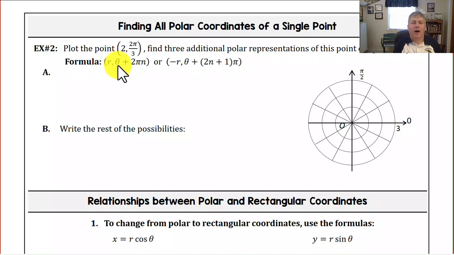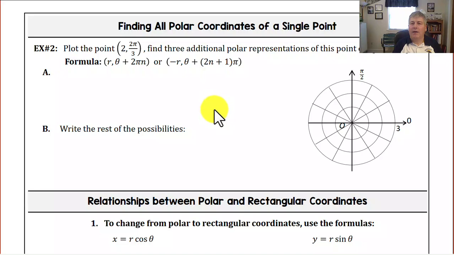You can call it r and then theta plus 2 pi n, so all the multiple loops there. Or we can do -r and then theta plus 2 pi n plus pi, or (2n plus 1) pi. And I'm not sure the formula is real easy. I think it's a little cumbersome.